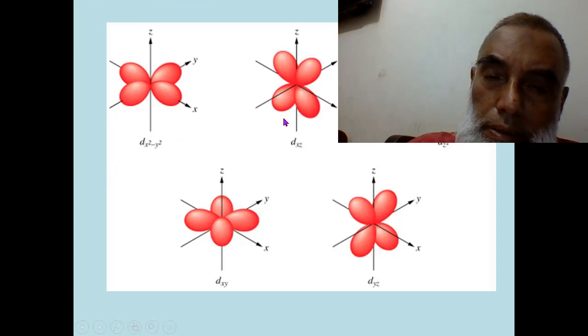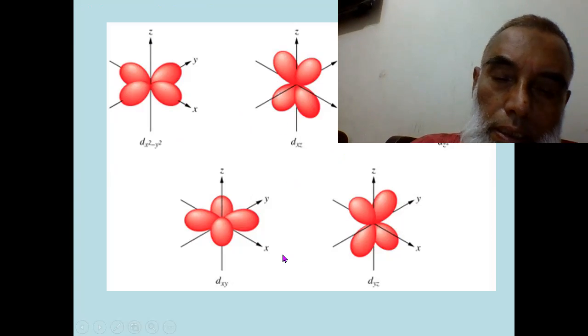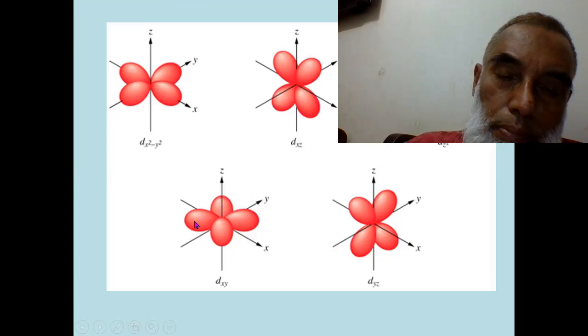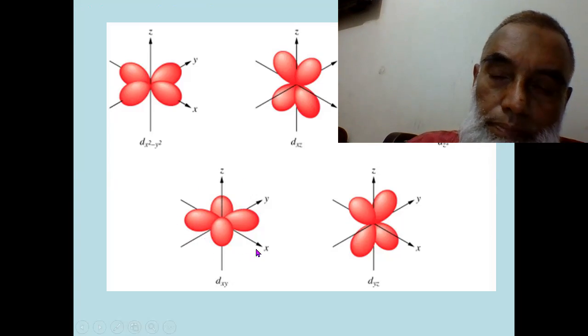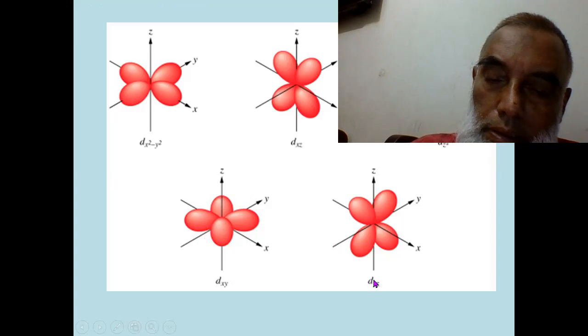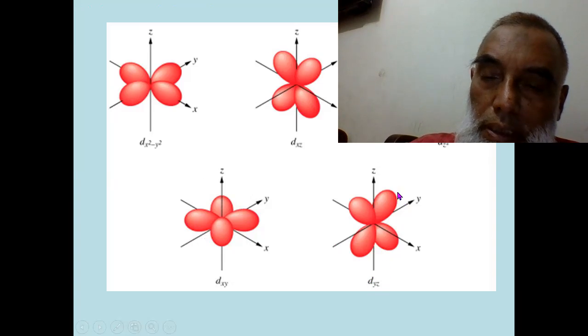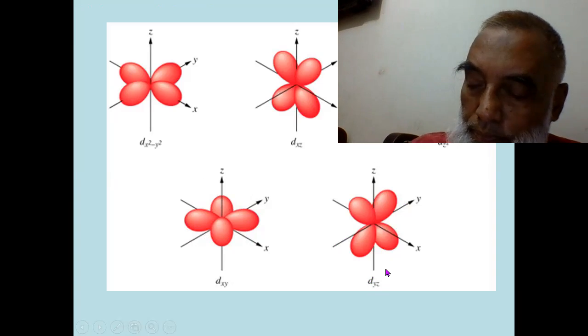Similarly, in dxz, the orbitals are between the x-axis and z-axis. In dxy, the orbitals are in the xy plane. In dyz, the orbitals are in the yz plane.